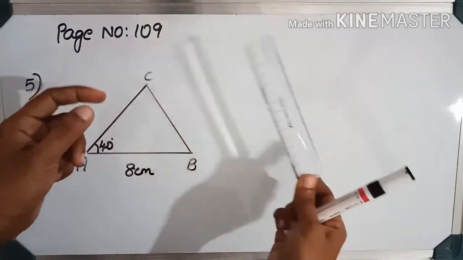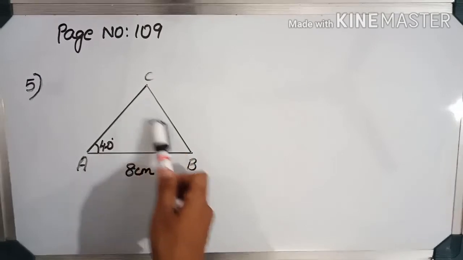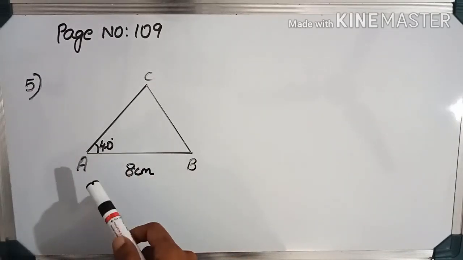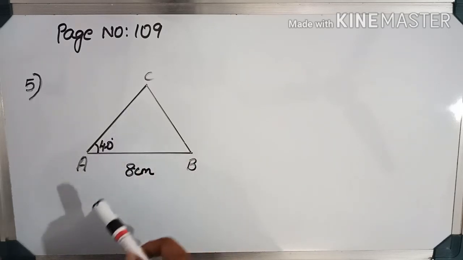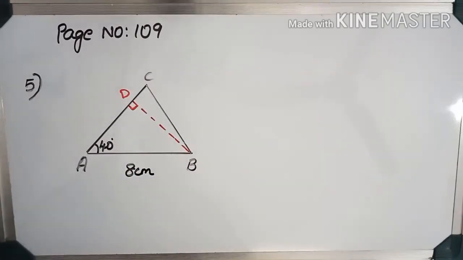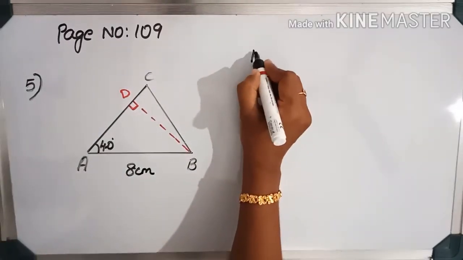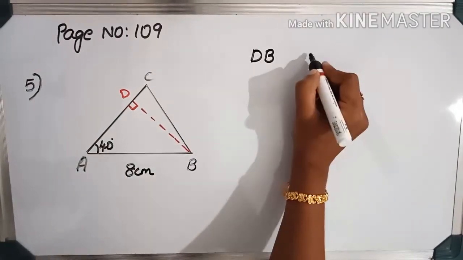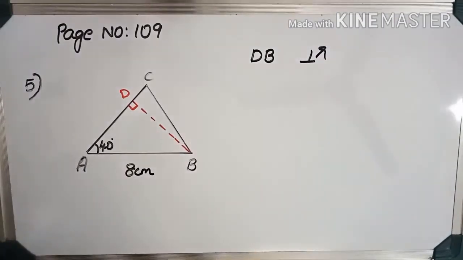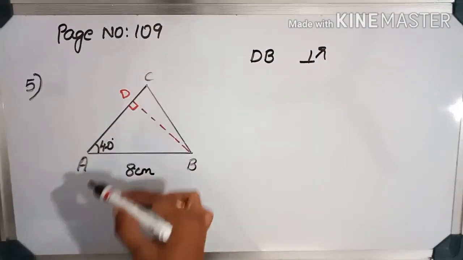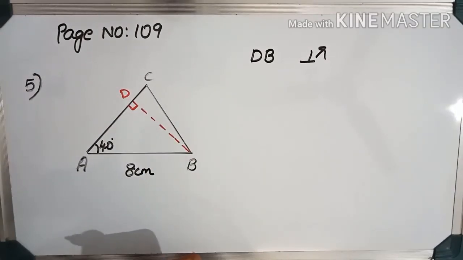That means the minimum length opposite to the 40 degree angle will be the perpendicular line. So DB is the minimum length, the perpendicular line. From this perpendicular line moving upwards and downwards, the length increases.